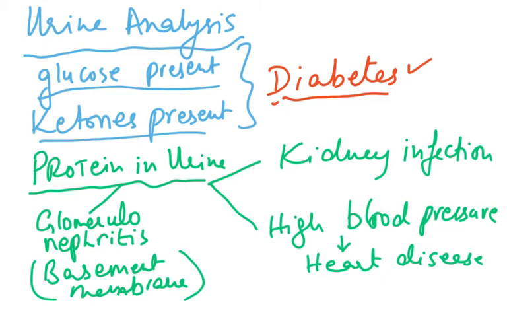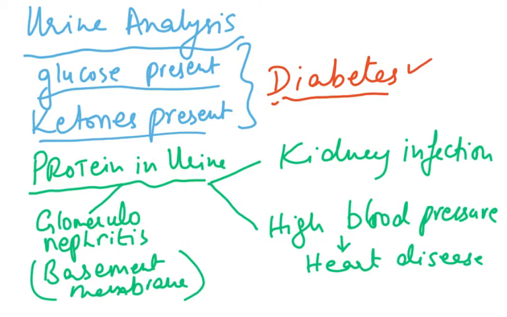But if we find protein in the urine, then this person is suffering from some sort of problem with the glomerulus, and if you remember the glomerulus, there's a basement membrane. So if that gets damaged, sometimes due to bacterial infection, then the proteins will start to leak in the urine. That's not a very good thing, because you see the return of the tissue fluid is dependent on the plasma proteins which are present.